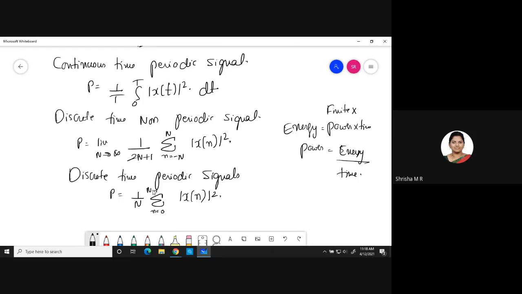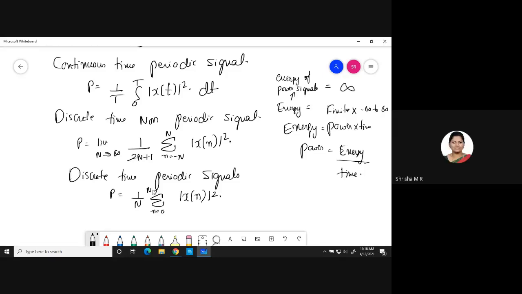If I multiply with time, minus infinity to infinity, what happens to energy? Energy of power signals, I am telling you. What happens to energy of power signals? Infinity, ma'am. It will be infinity.